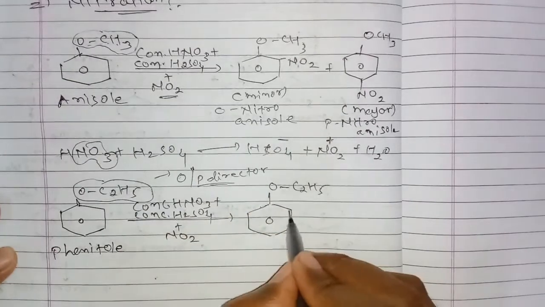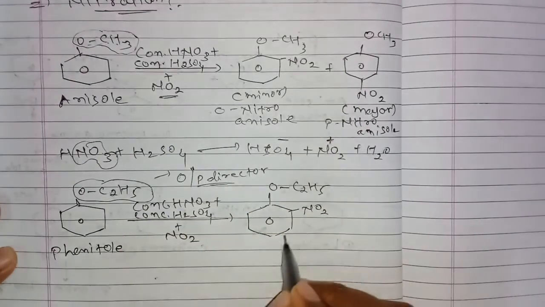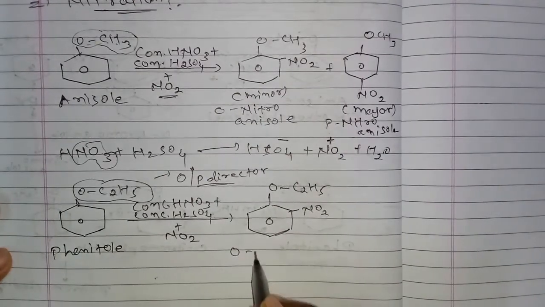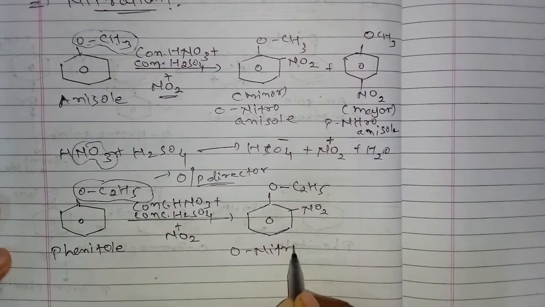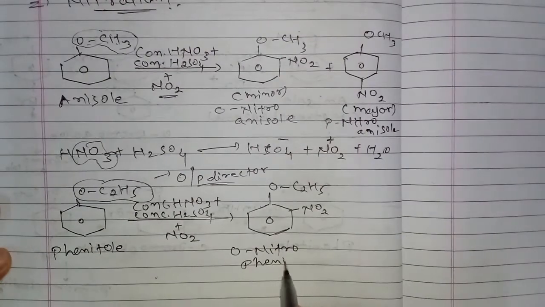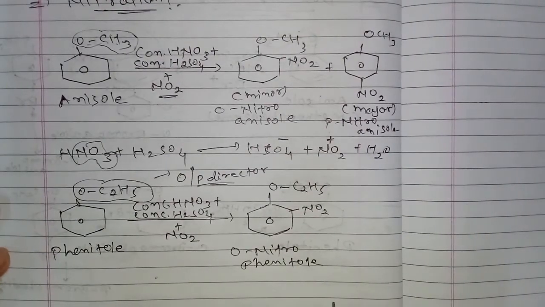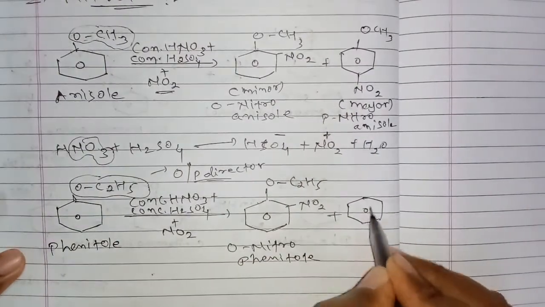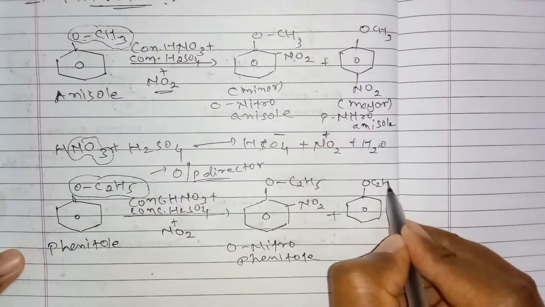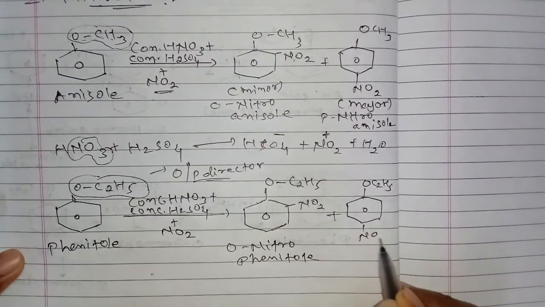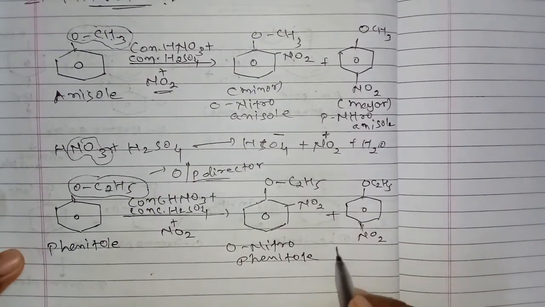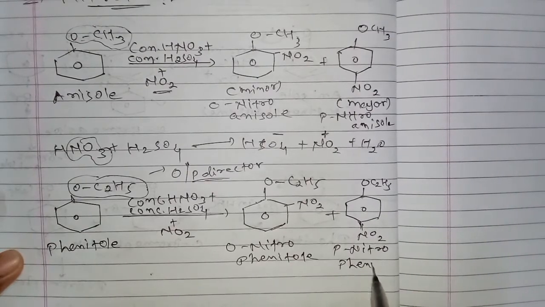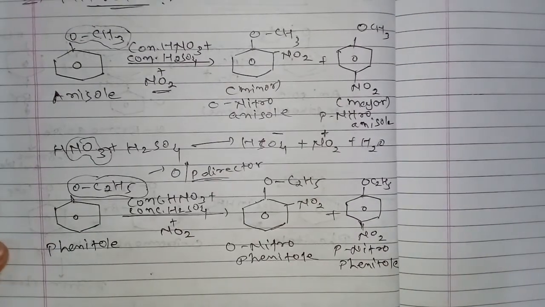So nitro will attach on the ortho position, and it is called orthonitrophenitol, and it is called paranitrophenitol.